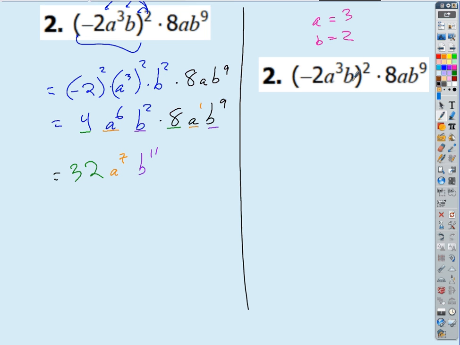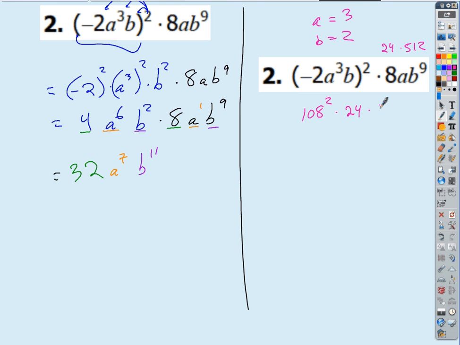B is 2, so I get 54 times -2 is -108 squared. You get big numbers. 8 times A, that's 24, times 2 to the 9th, which is 512. So I get 108 squared times 24 times 512.